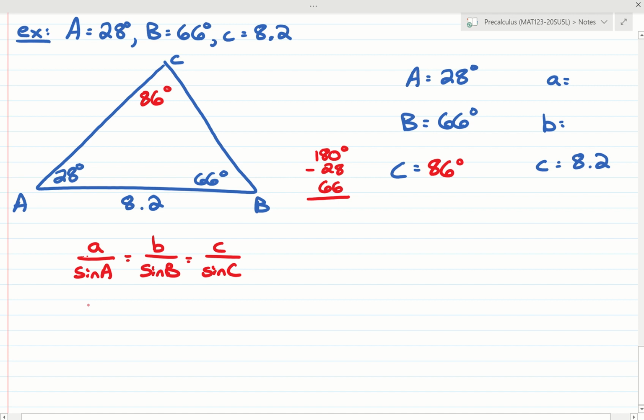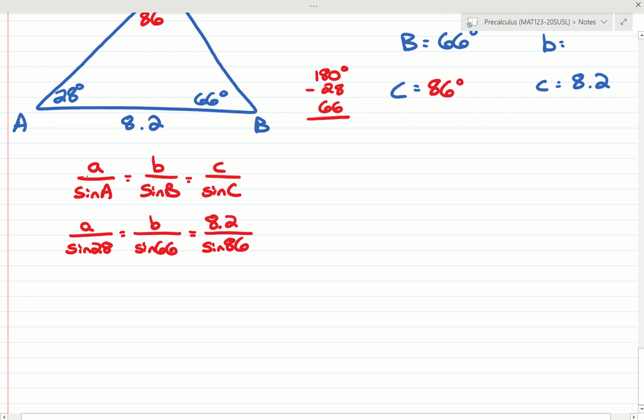I don't know side a, but I know angle A is 28 degrees. I know angle B is 66 degrees. And I know a full fraction for C. Side c is 8.2 and angle C is 86.